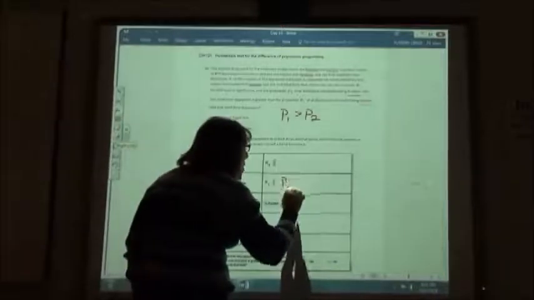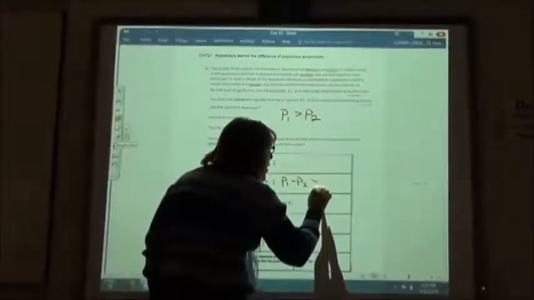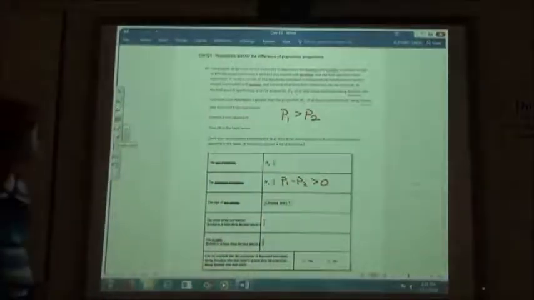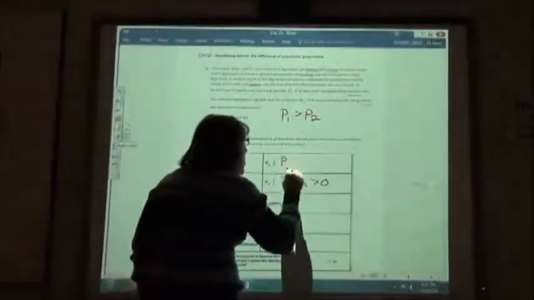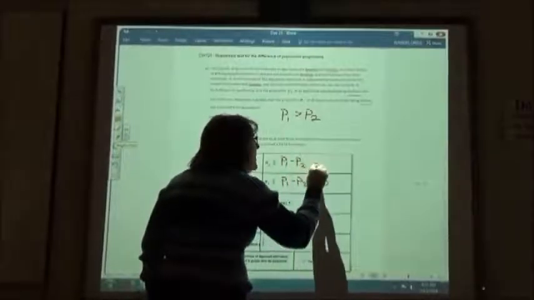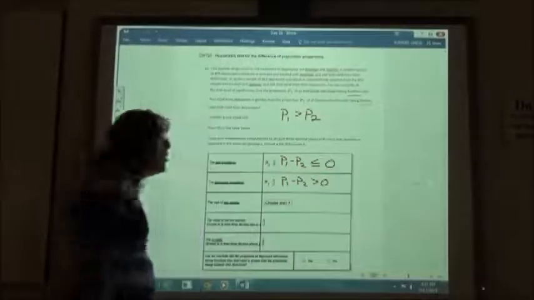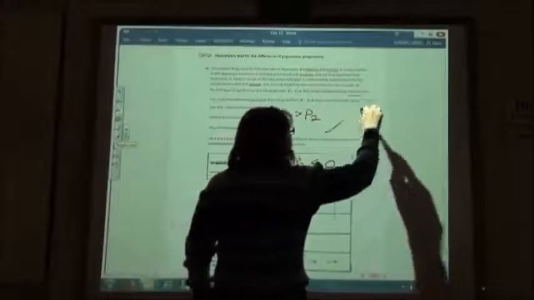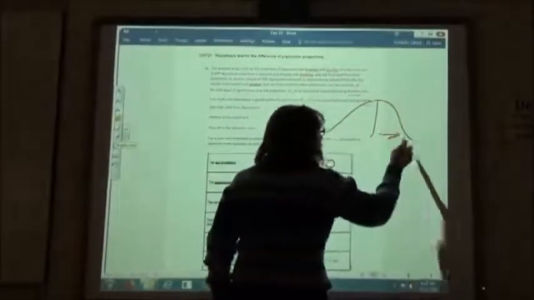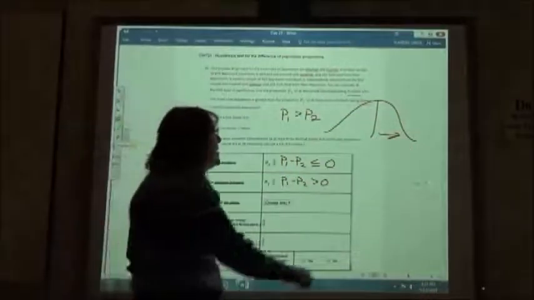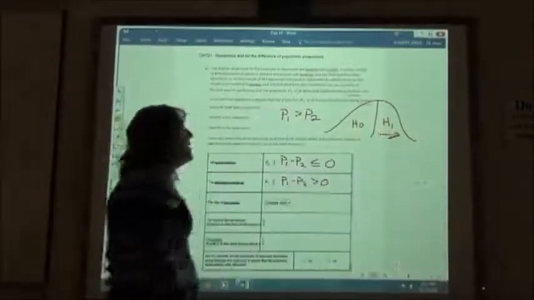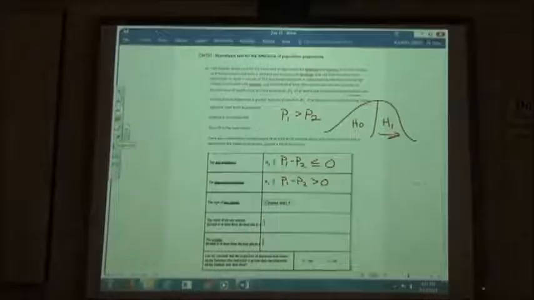So P1 minus P2 greater than 0 would be my alternative hypothesis. P1 minus P2 less than or equal to 0 is my null. My null always has the equal in it. So on this one we're doing a greater than, so that's a right-tailed test. The alternative is the greater than, the less than or equal to is our null.